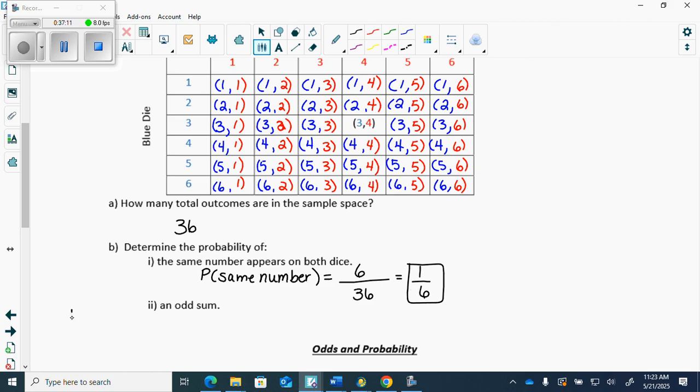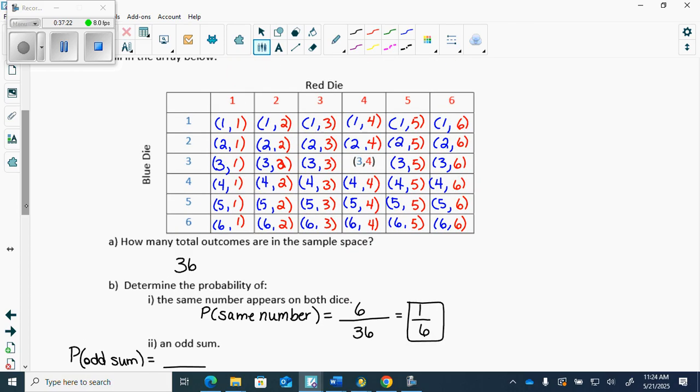And this one wants probability of an odd sum. So to help myself out, I'm going to put dots beside the ones that would be odd. Sum means doing what? Addition.